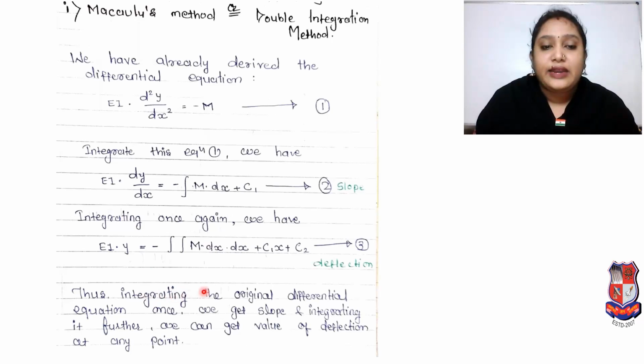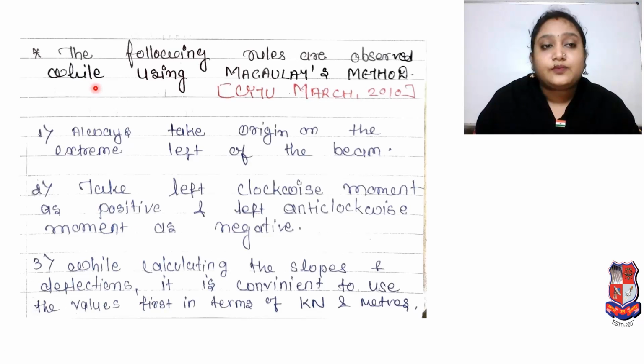Thus, integrating the original differential equation once we get the slope, and integrating it further, we can get the value of deflection at a point. Dear students, please focus on these 3 equations because they will be helpful to calculate our problems based on this method.